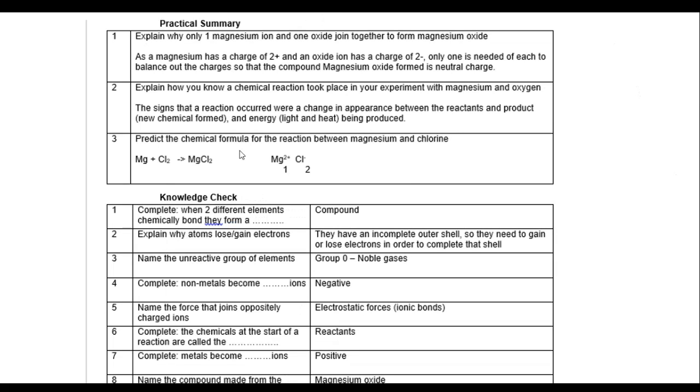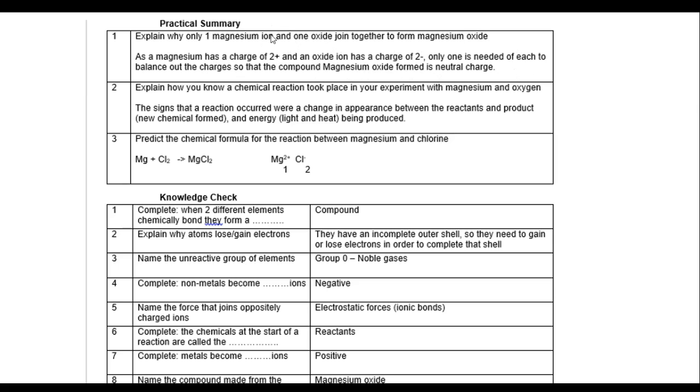So in terms of the practical summary questions, for number 1, we've got: explain why only one magnesium ion and one oxide ion join together to form magnesium oxide. It is because magnesium has a charge of 2+, and an oxide ion has a charge of 2-. Because the charges are equal amounts, only one of each is needed to make sure that the compound is neutral charge.